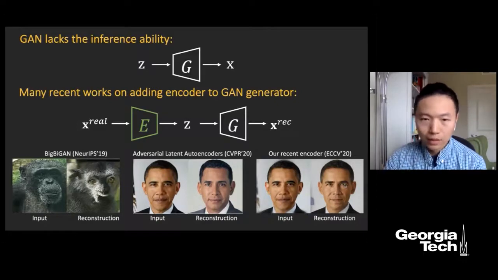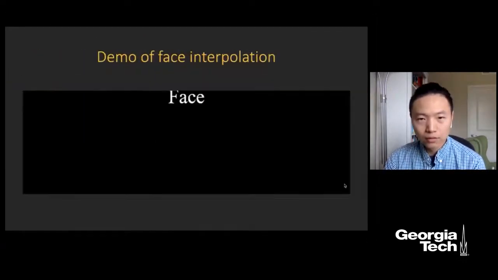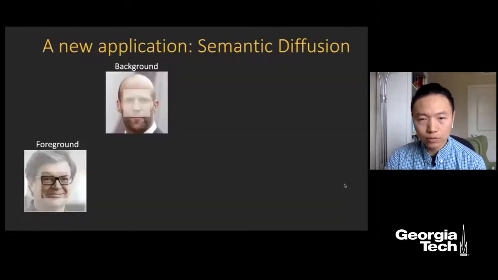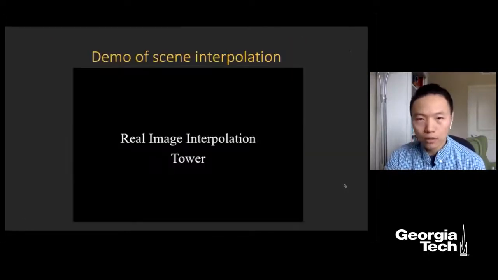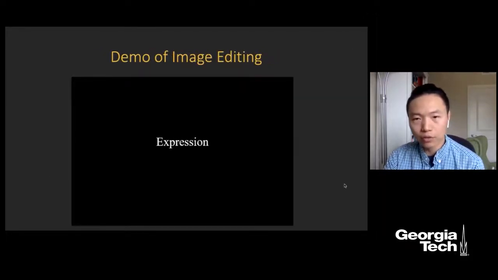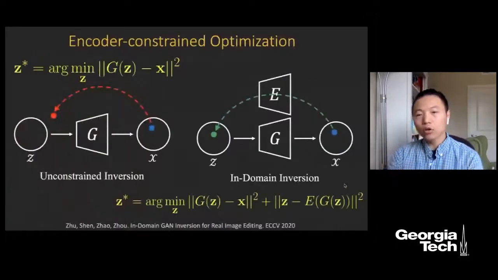Yeah, that's a very interesting question. So there is indeed this dataset bias. Through our in-domain inversions, it can sort of overcome this bias. It's more like they can borrow some other features to fill in the gap to reconstruct the content.